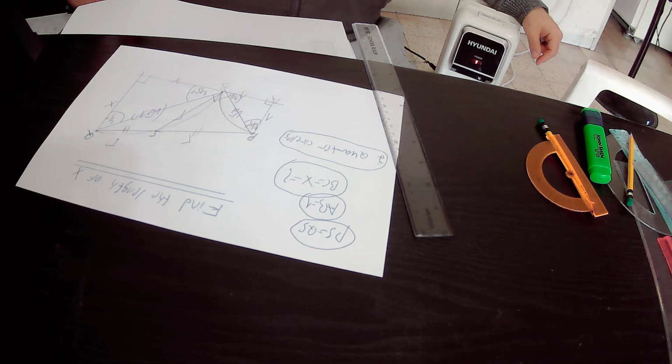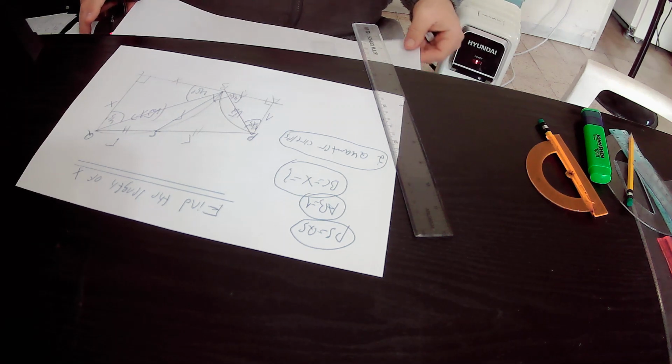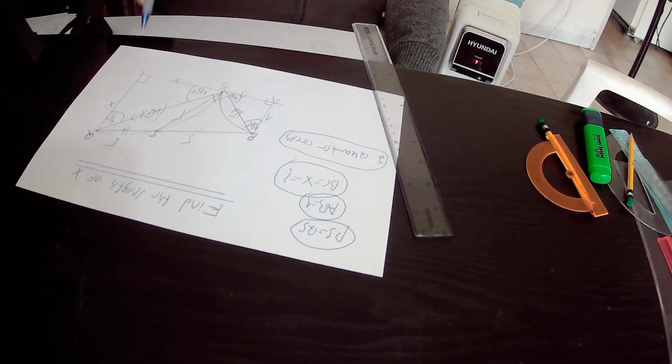In the next step, we complete the big quarter circle to a circle.